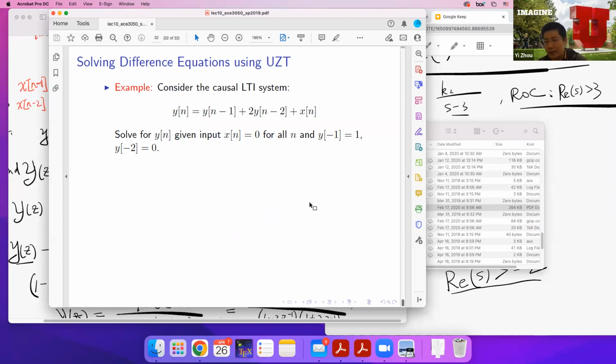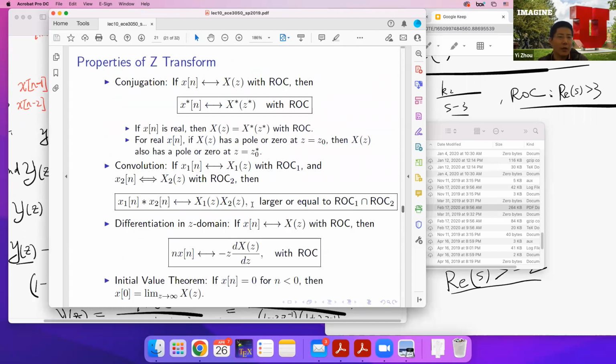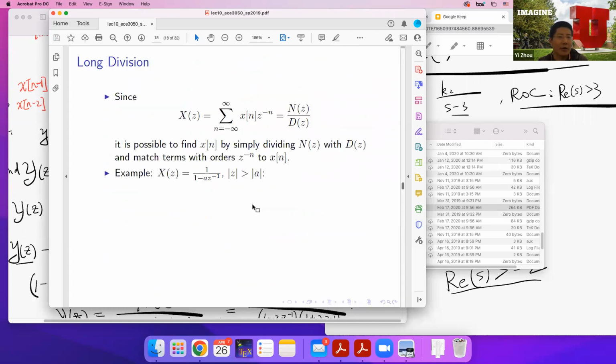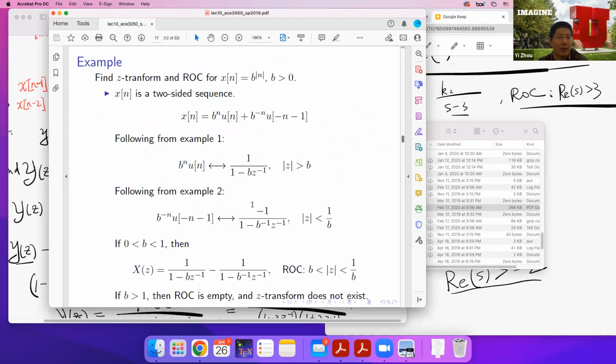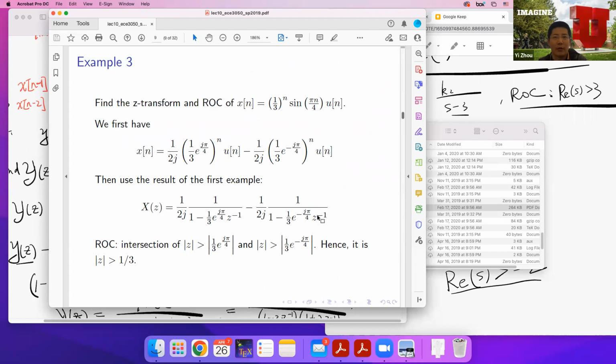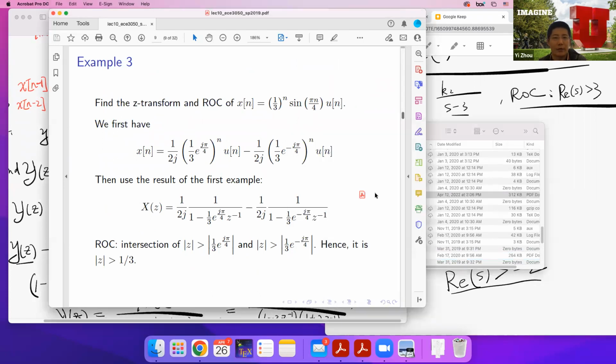So this is the unilateral Z transform. For the unilateral Laplace transform, it's the same idea. You can refer to the slides, lecture 9, and the examples given there.